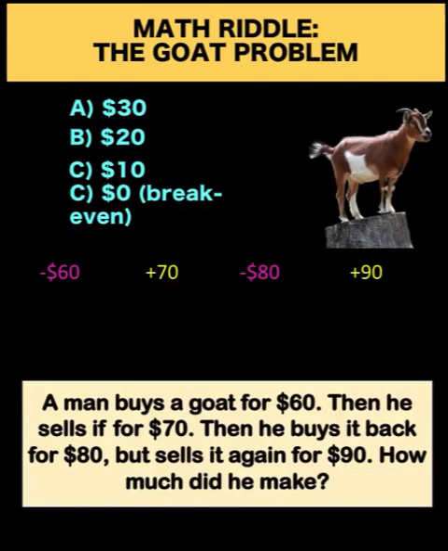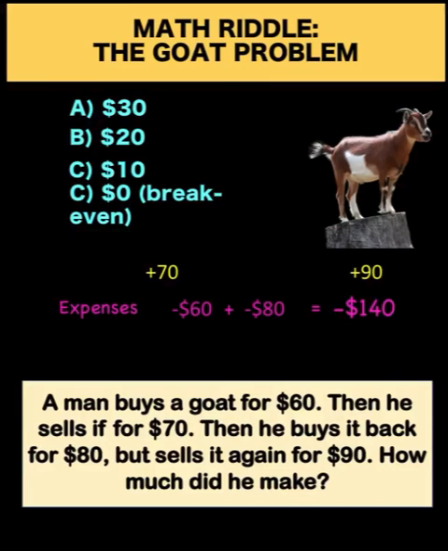So let's group together all the expenses. The man bought it for $60, so that's money that's going away. And the second time, he also bought the same goat for $80. So the total expenses is -60 plus -80 equals -$140. Then the first time he sold the goat, he sold it for $70.